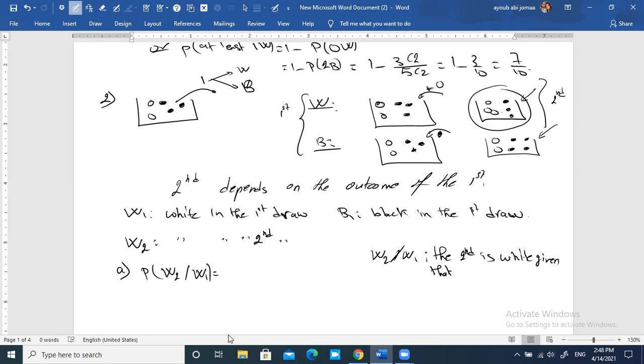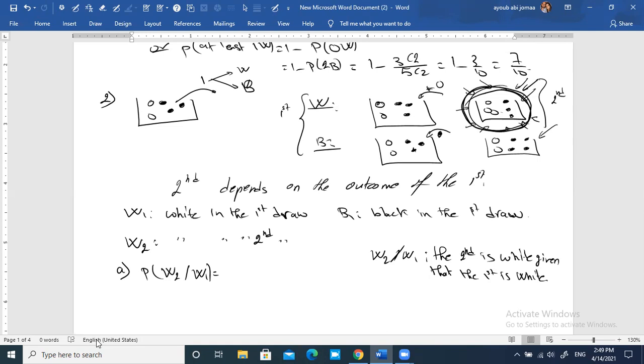Given that the first is white, we drew a white one and put back a white one, so in the first jar we now have 3 white and 3 black. Now what is the probability that if you select one marble from this jar, you get a white marble?